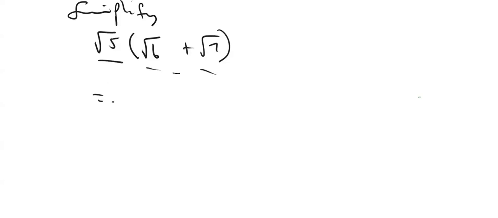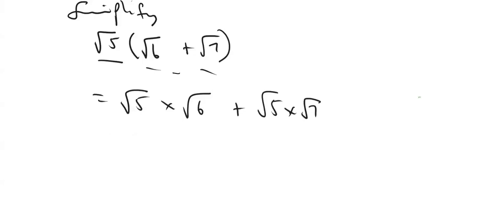So you'll get root 5 by root 6 plus root 5 by root 7, which gives root 30 plus root 35. I don't think you can simplify this. There aren't any factors of 35 that are a perfect square. So you might have to just leave that the way it is, right?